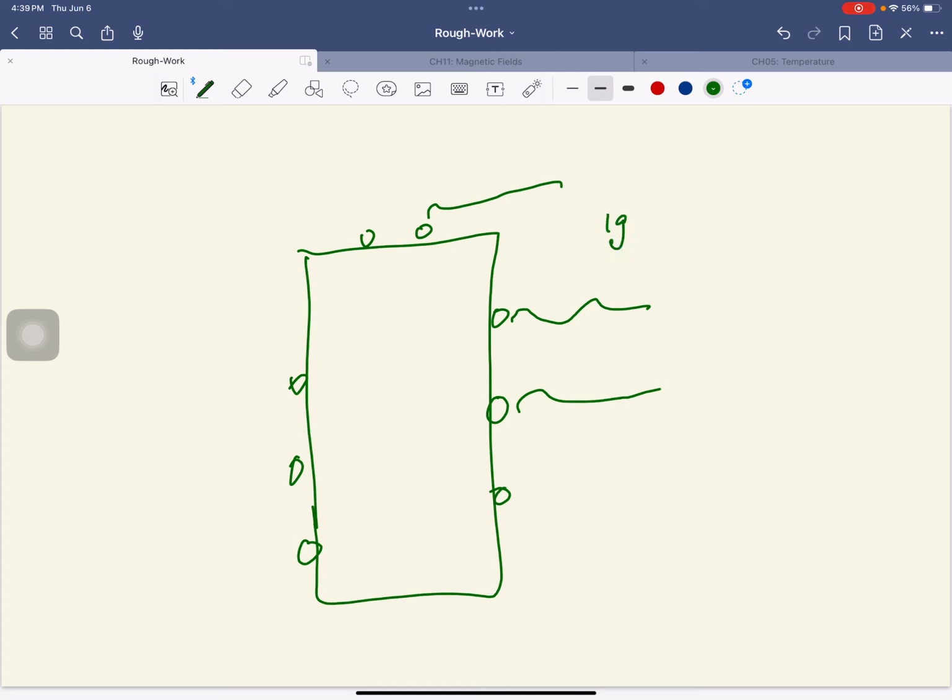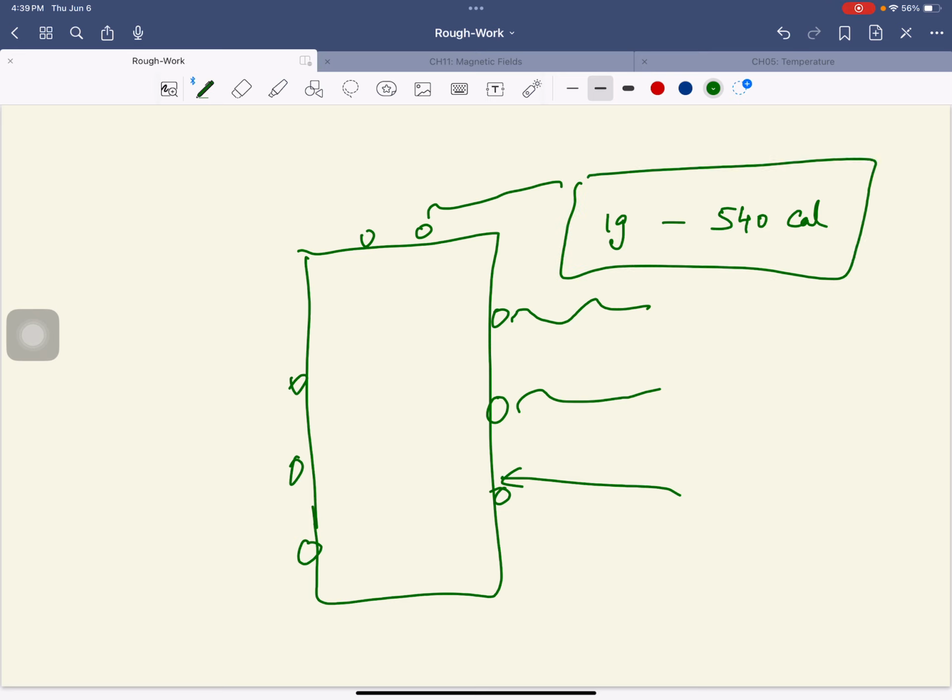Every time 1 gram of your sweat evaporates, it takes away 540 calories of heat from your body. And this is one of the best mechanisms for cooling. We use that latent heat of vaporization of water to cool our body. Every time 1 gram of sweat evaporates, it's taking away 540 calories of heat.